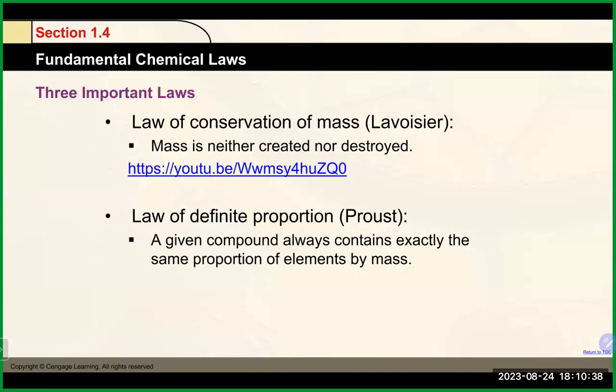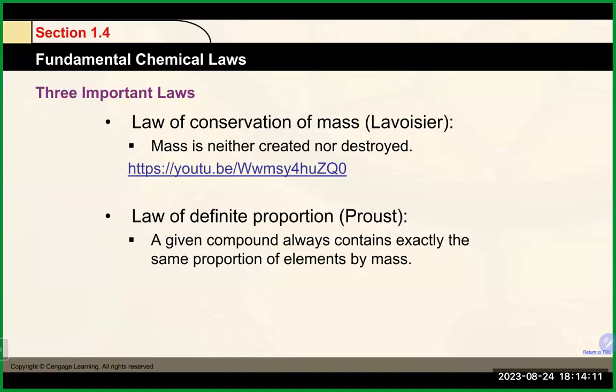Then you can mix them together, put them back on the balance after the reaction is done, and you'll have basically the same mass. As we saw in the video, he was able to show the reaction that occurred at the end. And again, what we started with and what we ended with had basically the same mass. That's the idea we were talking about: however many carbons we start with, we will end with basically the same amount of carbons.